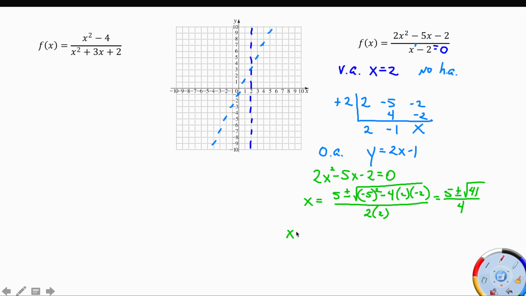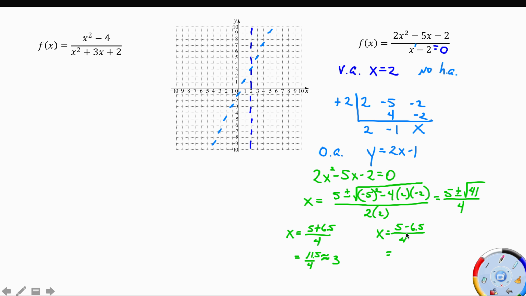Let's say we have 5 plus 6.5 over 4 and 5 minus 6.5 over 4. So 11.5 over 4, let's just do an approximate. 12 over 4 is 3, so a little bit less than 3.